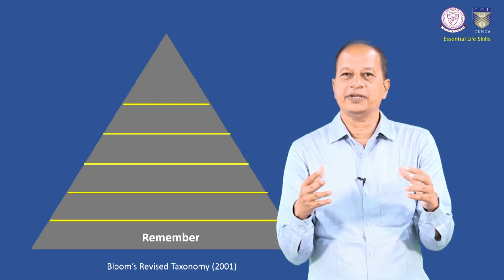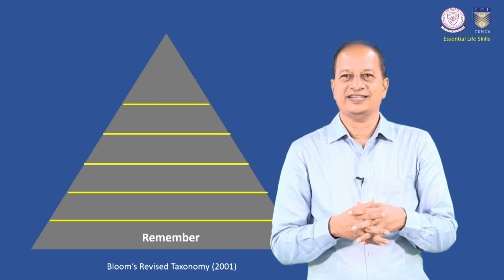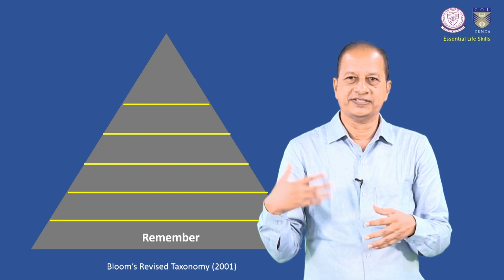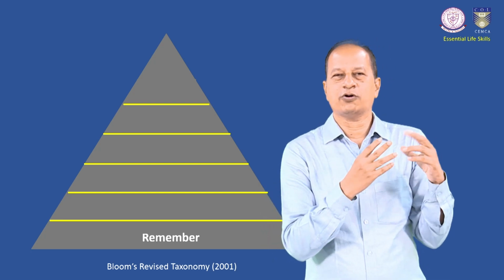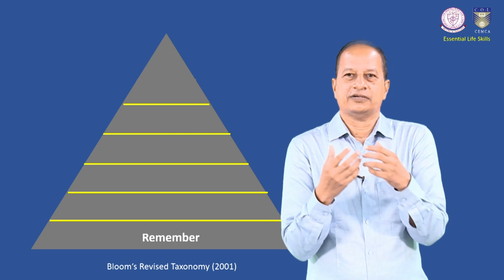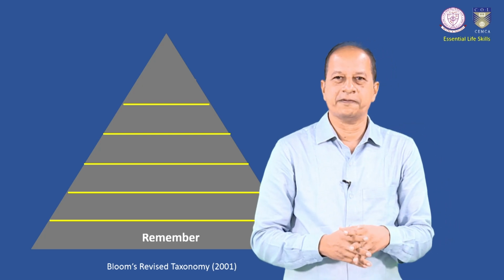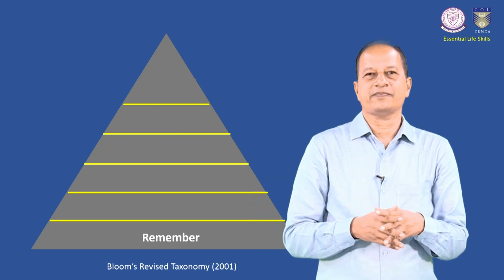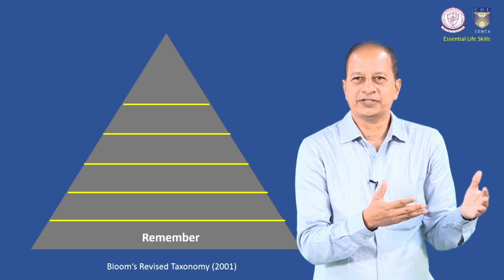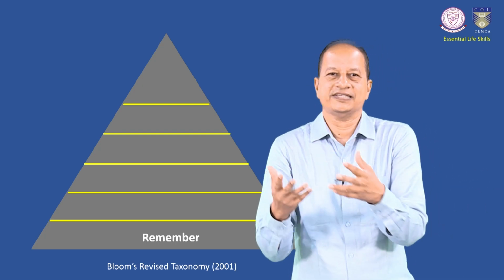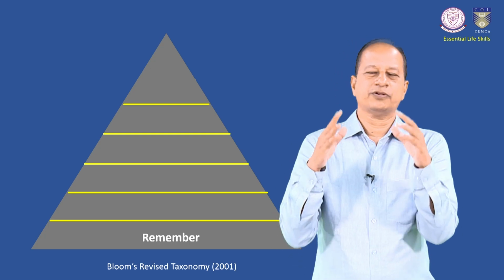Remembering is all about being able to recall facts and basic concepts. For example, it can be recalling in the form of a list, recalling in the form of duplicates. It may be about repeating, it may be about stating something. It's all about remembering.